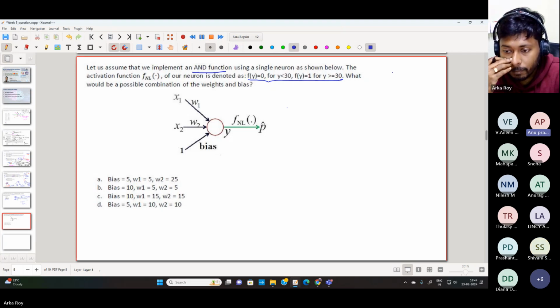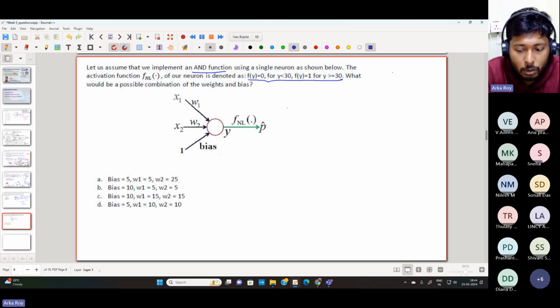Actually, I have taken the activation function as y greater than or equal to 30 is rounded to 1, and less than 30 is 0. And I have applied all the possible combinations for an AND gate solution. That is what I did. Okay, so did you use a truth table?